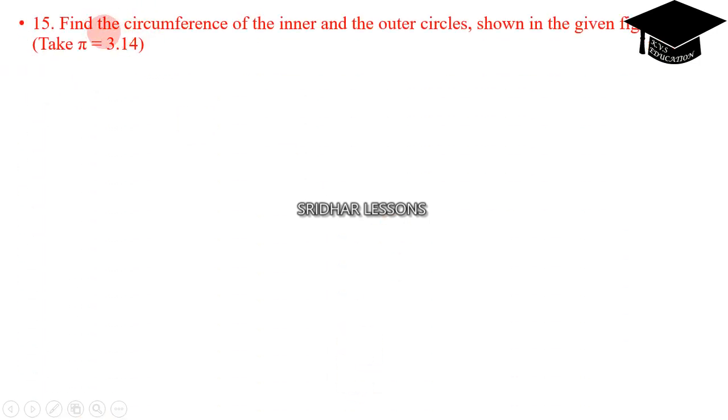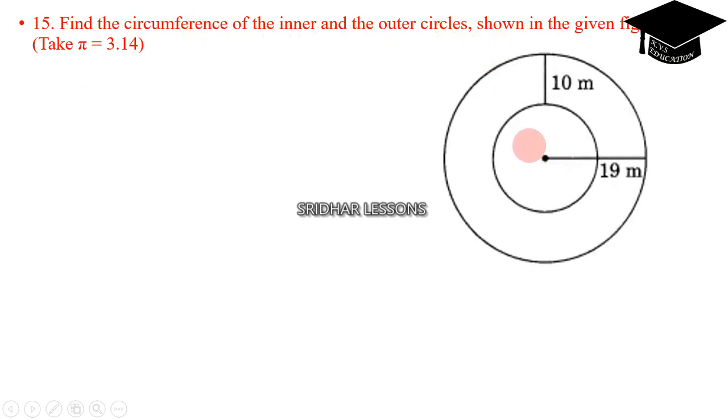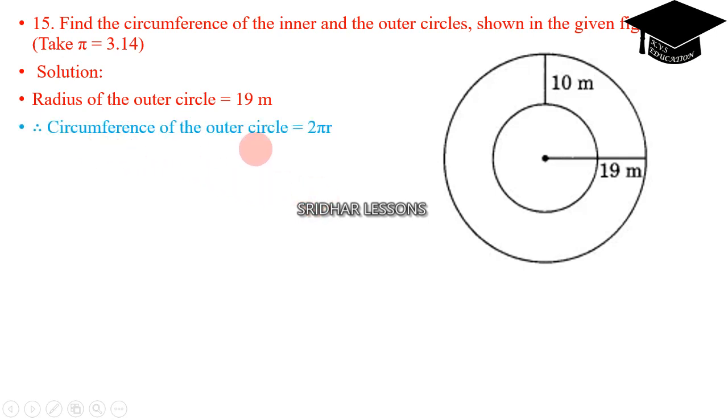Question number 15. Find the circumference of the inner and outer circles shown in the given figure. We have to find the circumference of the inner circle as well as the outer circle. Radius of the outer circle is 19 meters. Therefore, circumference of the outer circle is equal to 2 pi r.